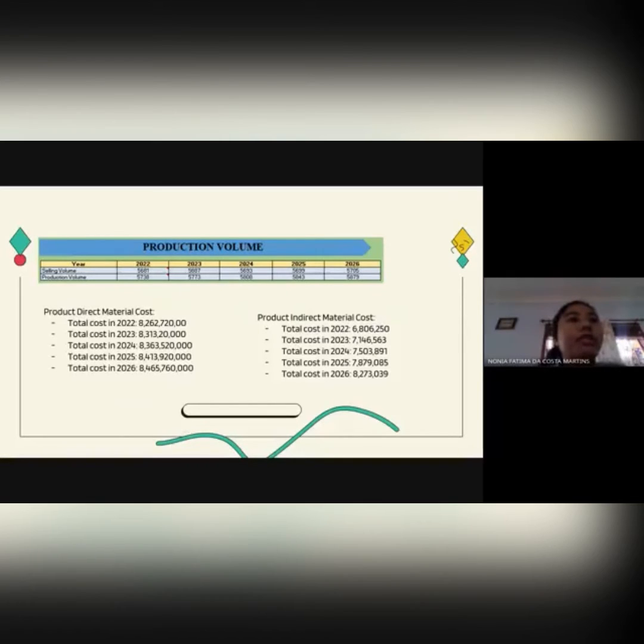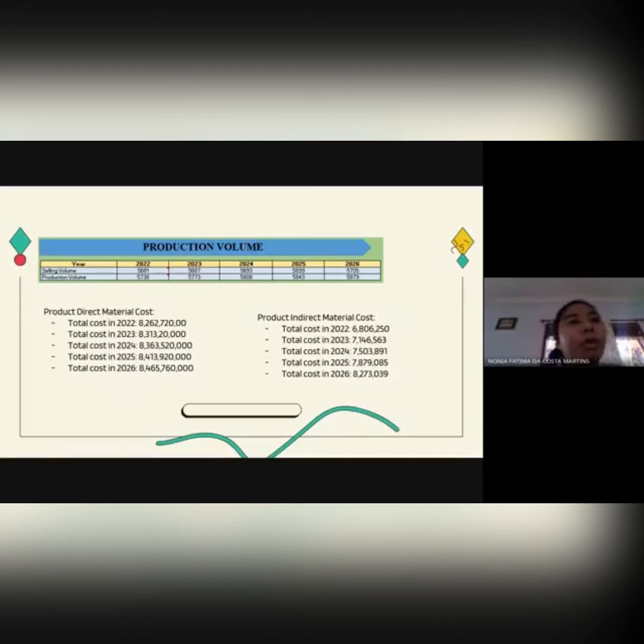So next is the production volume. In production volume, the selling volume for year 2022, we got 5,681, and 5 years later, in 2026, the selling volume is 5,705. From the product volume in 2022, we get 5,738, and 5 years later, we will get 5,879.